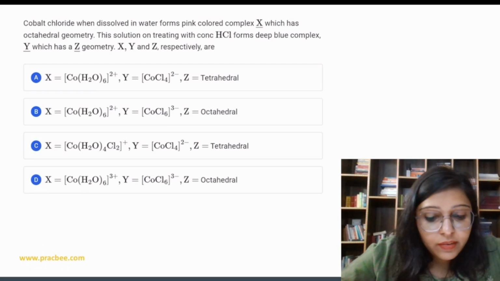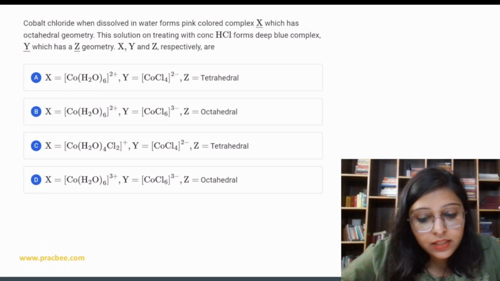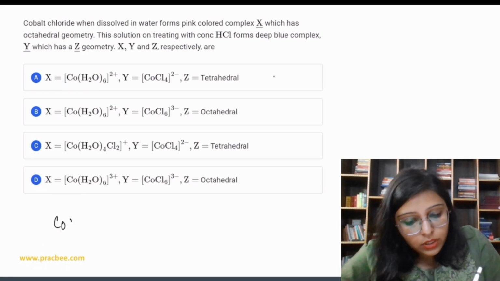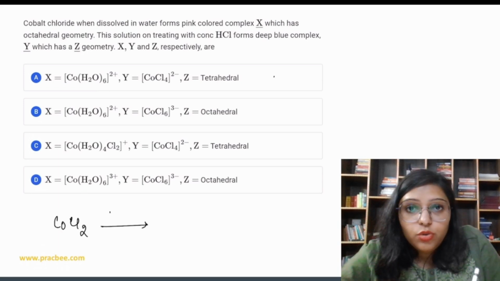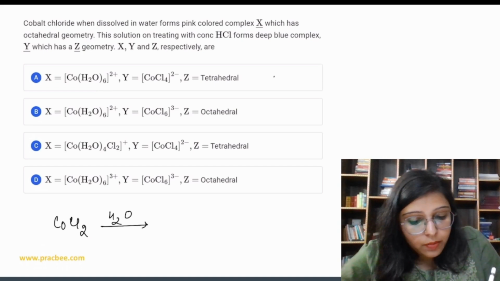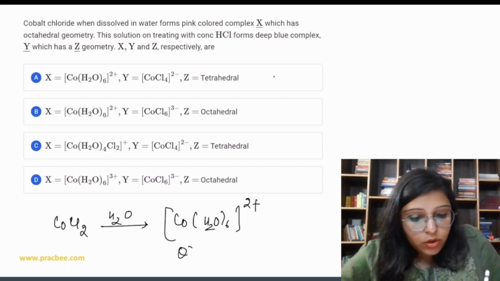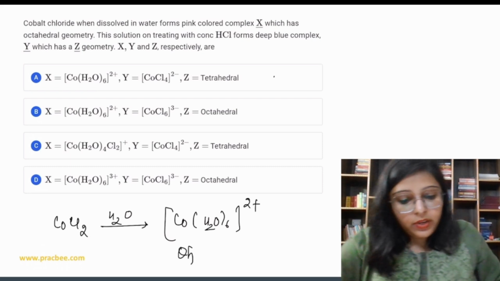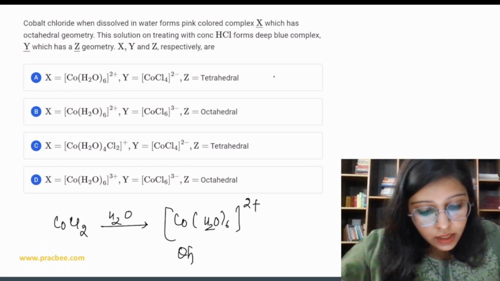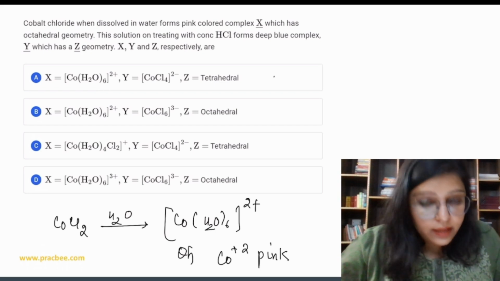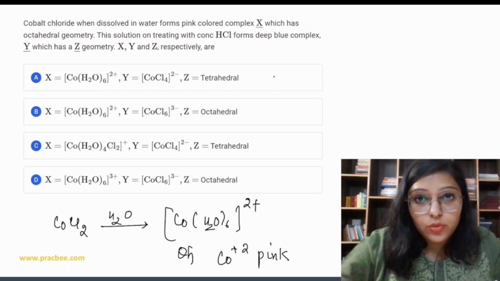cobalt chloride when dissolved in water forms a pink colored complex X, which has octahedral geometry. So basically cobalt chloride CoCl2, when dissolved in water, forms a pink colored complex, which is [Co(H2O)6]2+. It has octahedral geometry. So we are going to write this one. And Co2+ is pink in color. This is in the d and f block also.